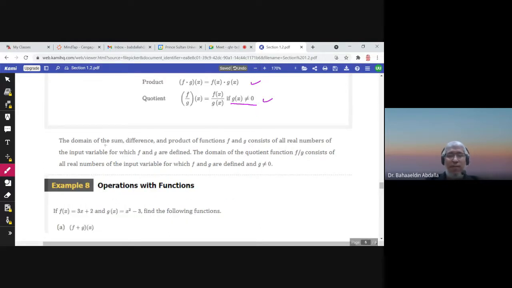The domain of these new functions, sum and difference and product, would be all real numbers in the intersection of the domains of f and g.